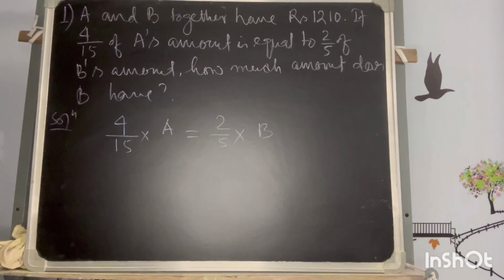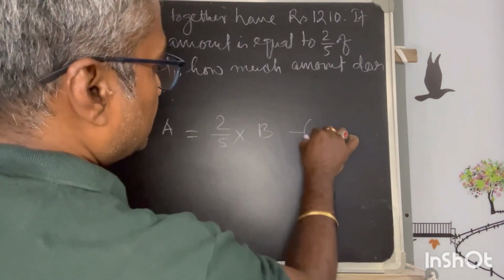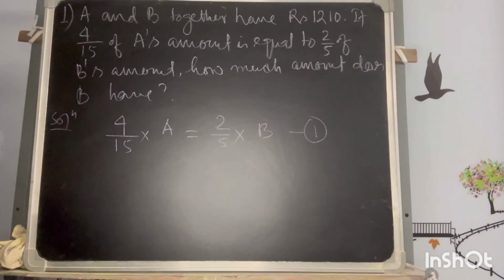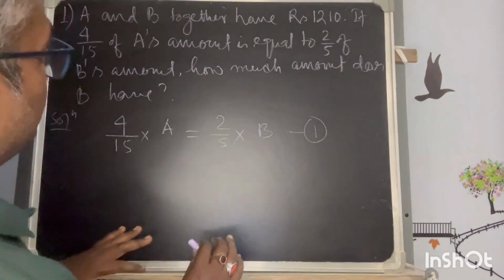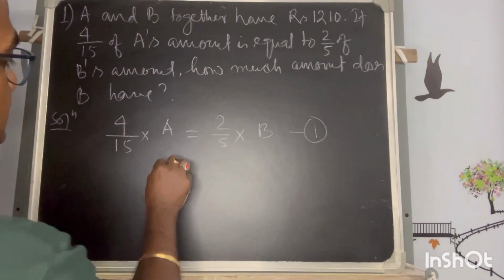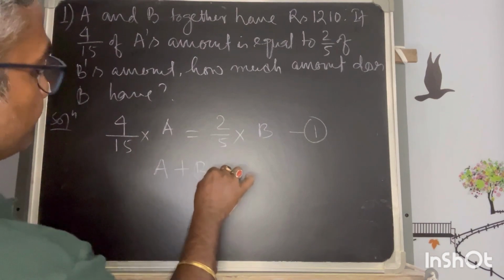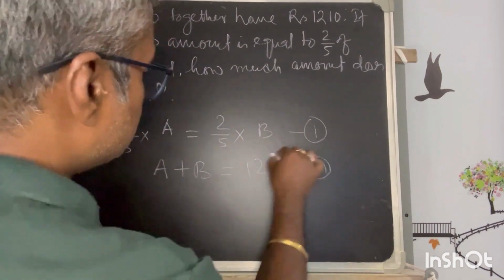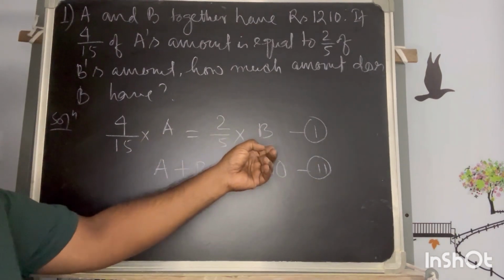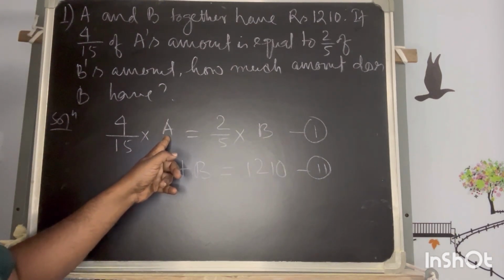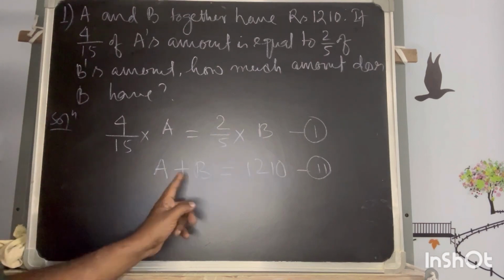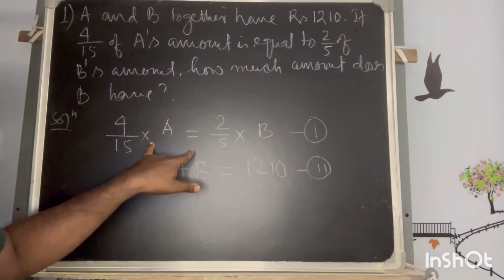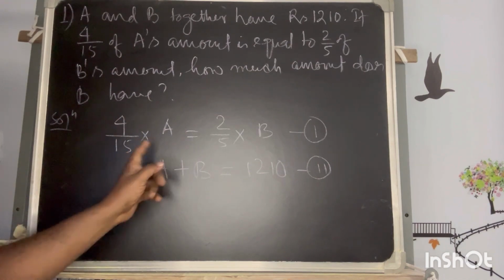Now this is one relation where the specific relation between the two is there. You need not put it in ratio form, because the first equation is A's amount plus B's amount, straightforward this much. You know how to solve equations, as there are two unknowns, A and B. A and B together have this much rupees, whereas the relation in between is 4/5 and 2/5.